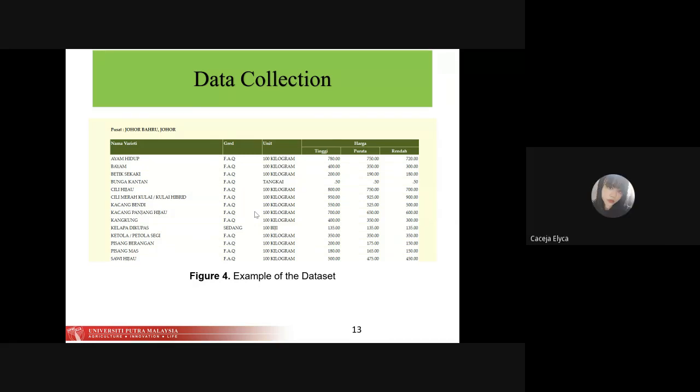Constraints, some sort of limitations that you will face during the data collection. Okay.